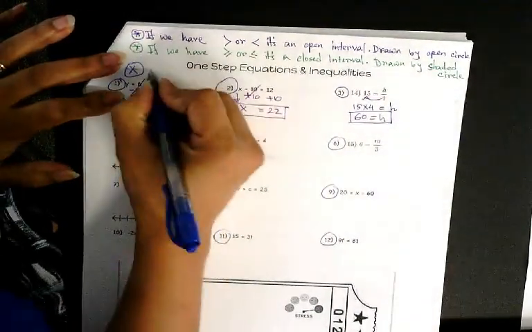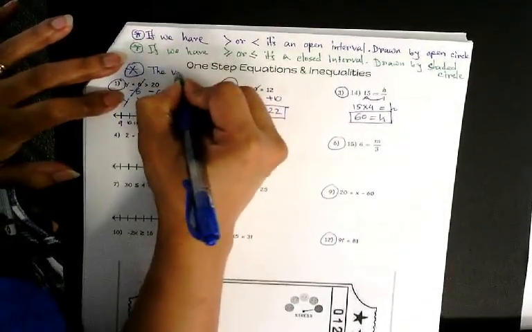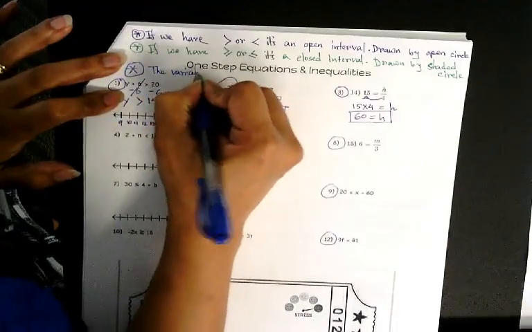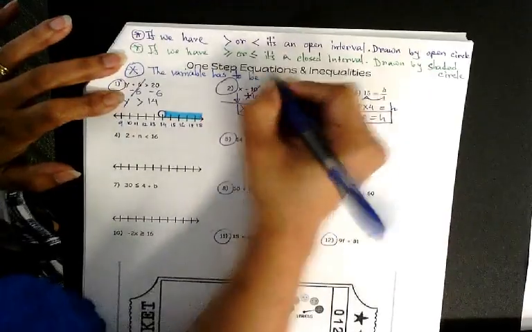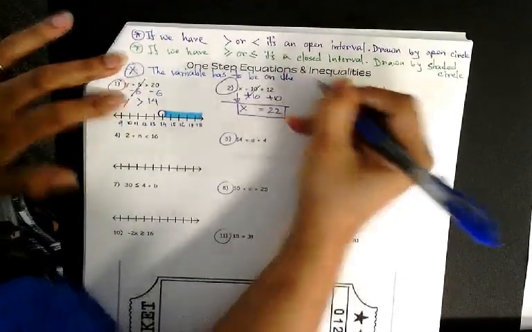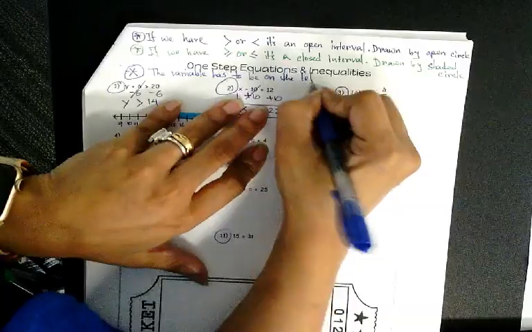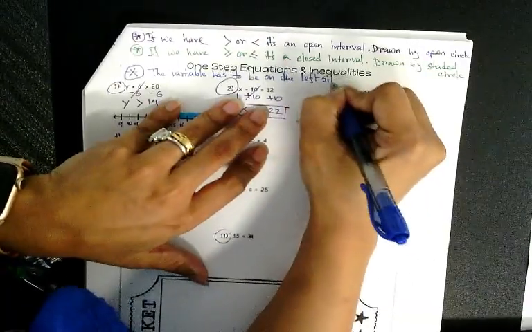The variable has to be on the left side of the inequality.